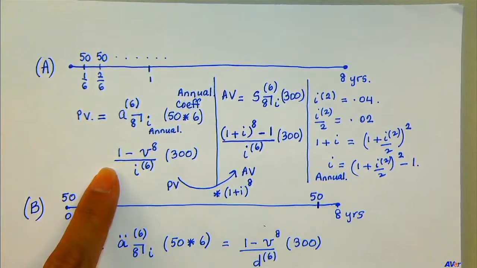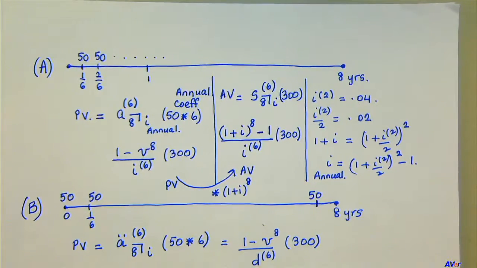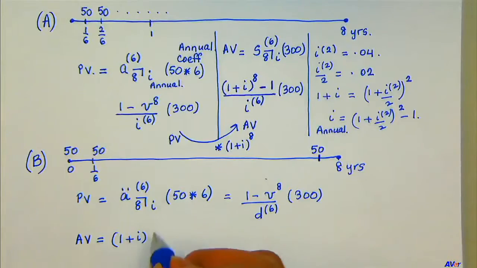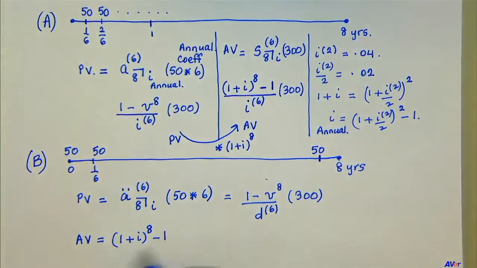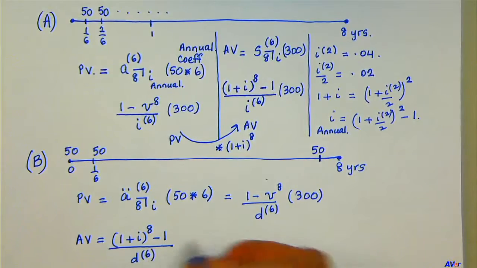Are you understanding me? And the same thing on the bottom, right? Accumulated value equals 1 plus i to the 8 minus 1 over d(6), times 300.